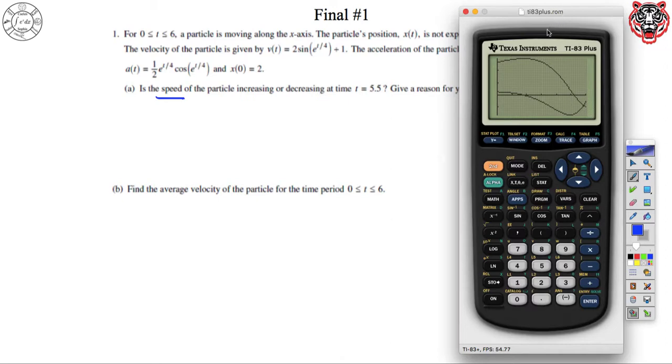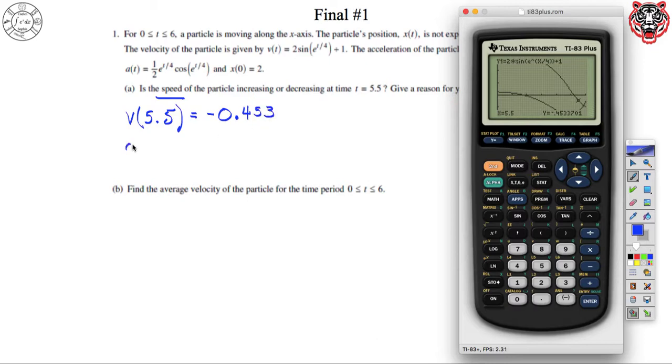So from here, I'm going to go to trace, and I'm going to plug in 5.5 because that's the time that we're looking for. And we see with our y1 function, which is velocity, the velocity at 5.5 is equal to negative 0.453.